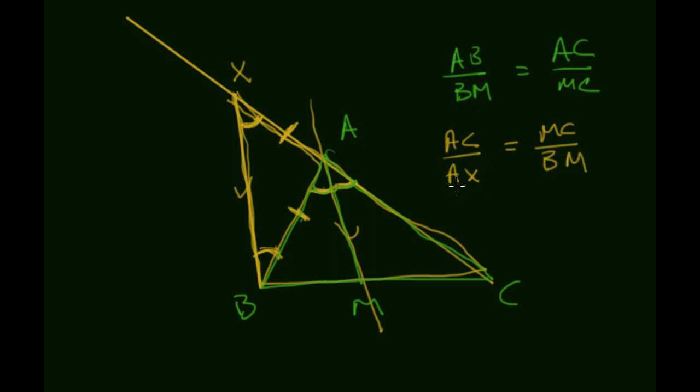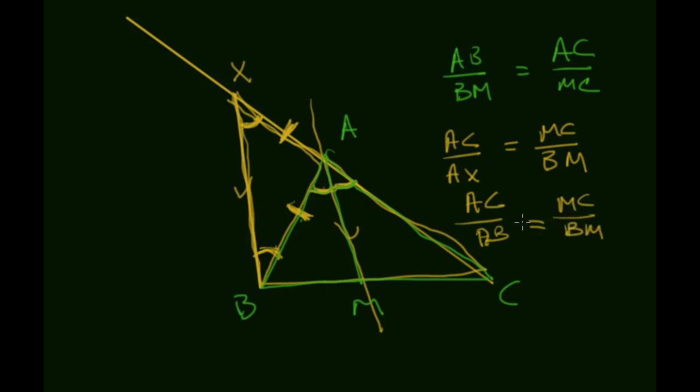Okay, so AC is to AX as MC is to BM. But I just showed that AX and AB are the same. So AC is to AB, because AX and AB are the same, as MC is to BM.